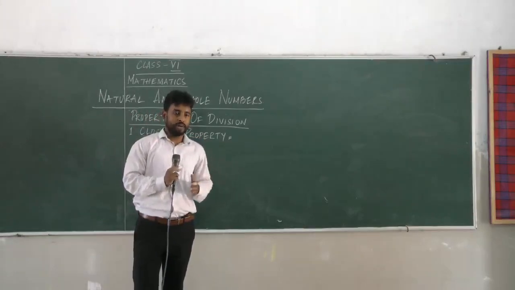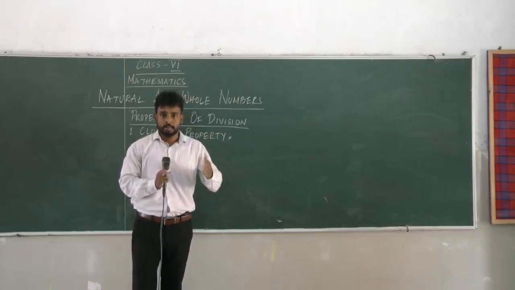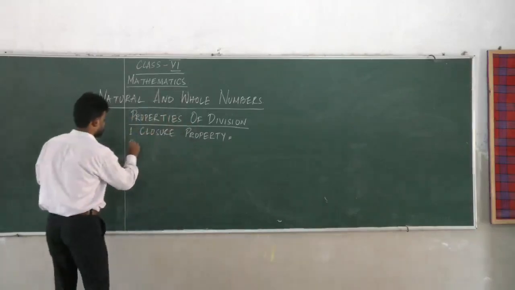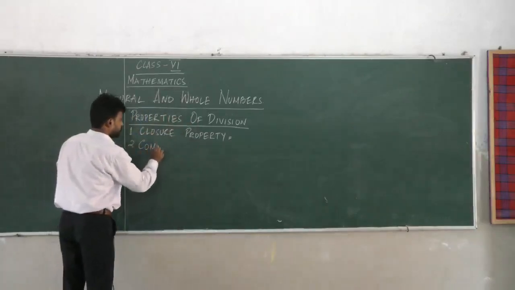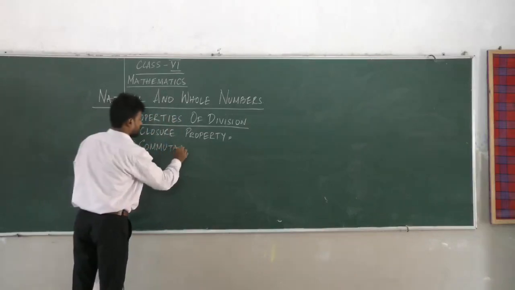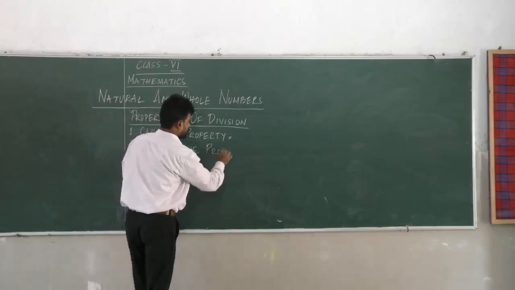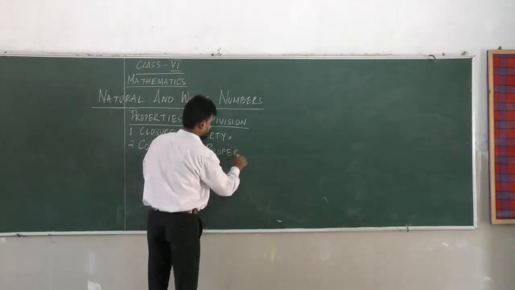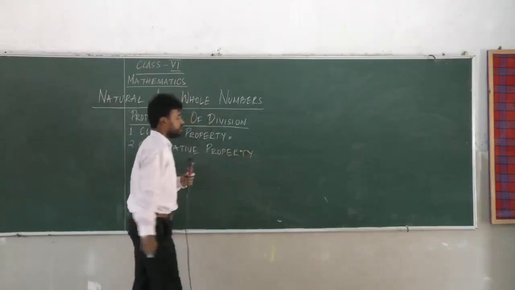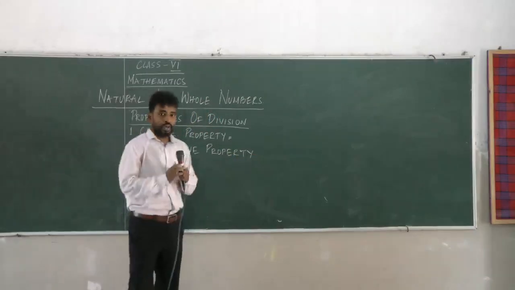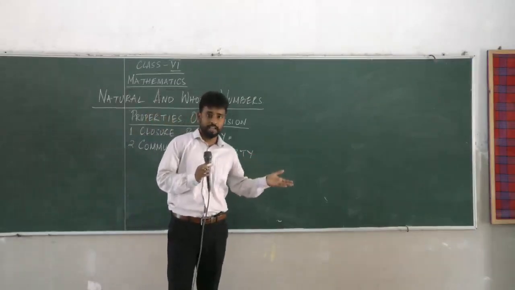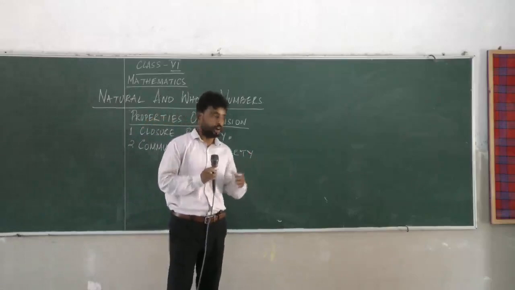Let us come to the second part, that is commutative property. And let us see whether A divided by B is equal to B divided by A or not.